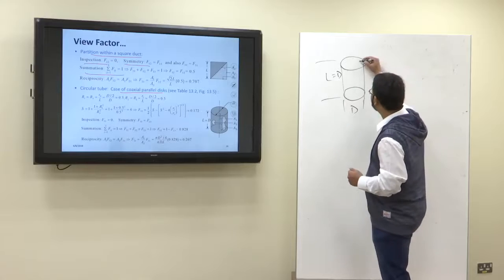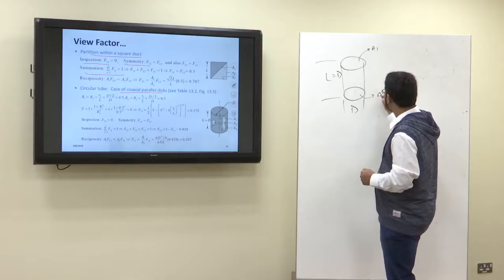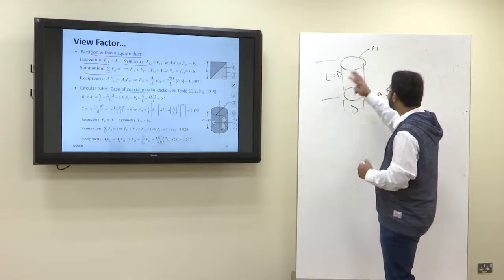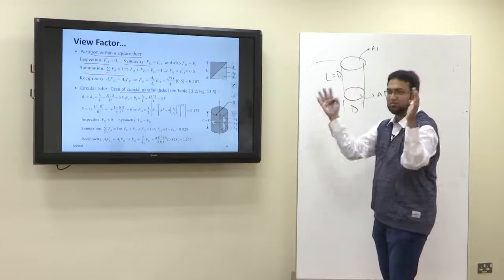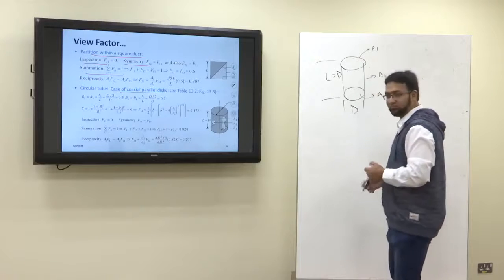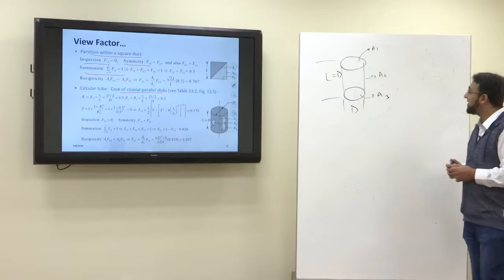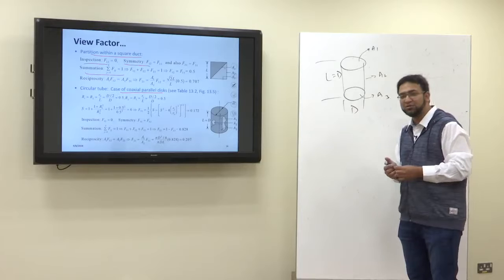The top surface is A1, the bottom surface is A3, and the side surface is A2. Now what we need to find out is F12 and F21.